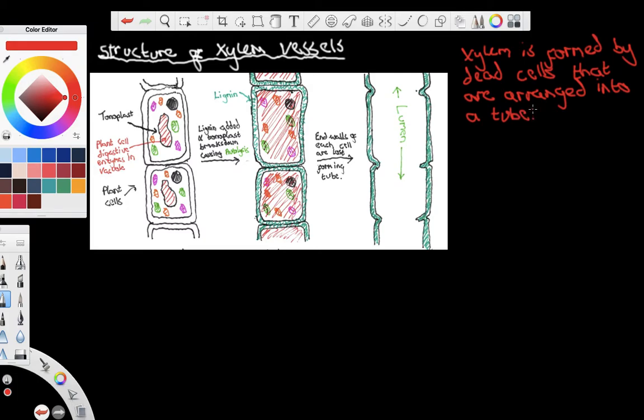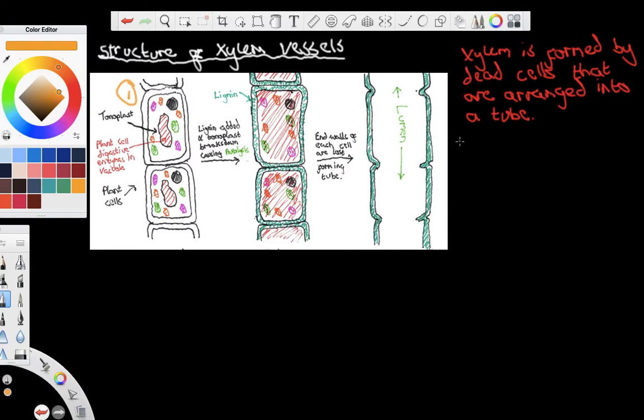Now essentially what happens is that plants will stack plant cells on top of each other like building blocks, okay? So we can just start annotating this. We can use orange.